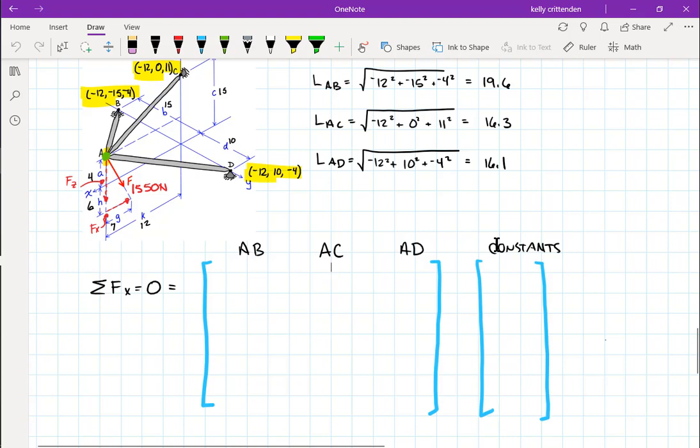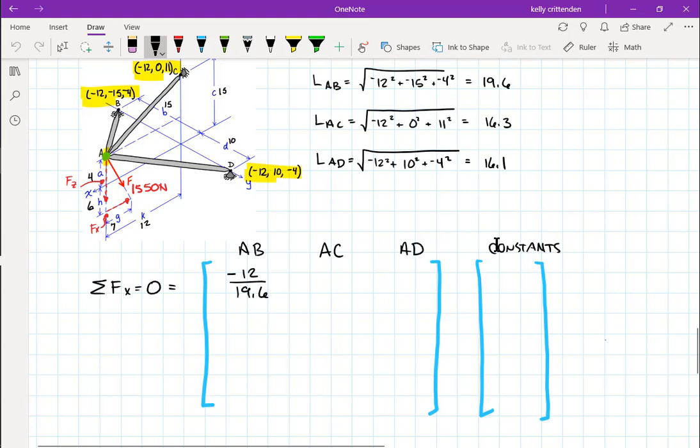What we did there was take the x value, which was -12, and divide by the length of strut AB, which is 19.6. So that number, -12 over 19.6, is the cosine of theta x for strut AB, and I'm multiplying it by magnitude AB by putting it in this spot in the matrix.